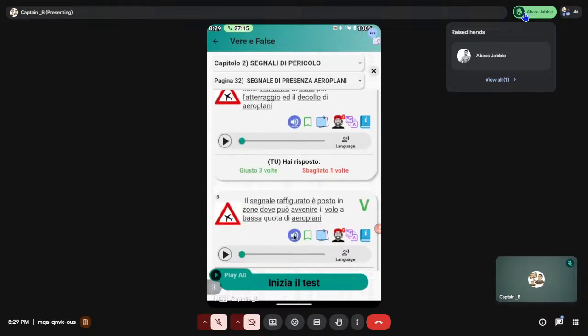Number 5. Il segnale raffigurato è posto in zone dove può avvenire il volo a bassa quota di aeroplani. This sign refers to a zone, an area, where it can happen, il volo a bassa quota di aeroplani.